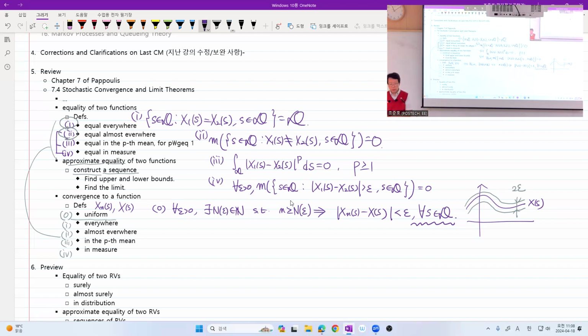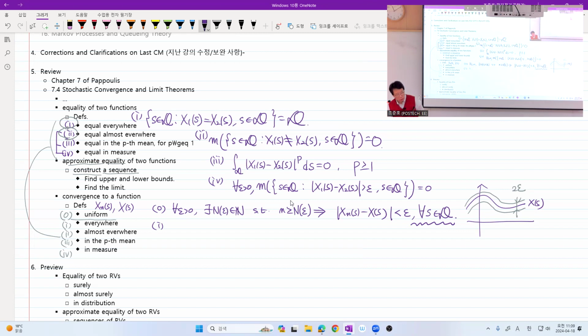And we can construct an example, but it will be deferred to the discussion of the convergence of a sequence of random variables, which is covered today. So this is the uniform convergence, and everywhere convergence is like this.